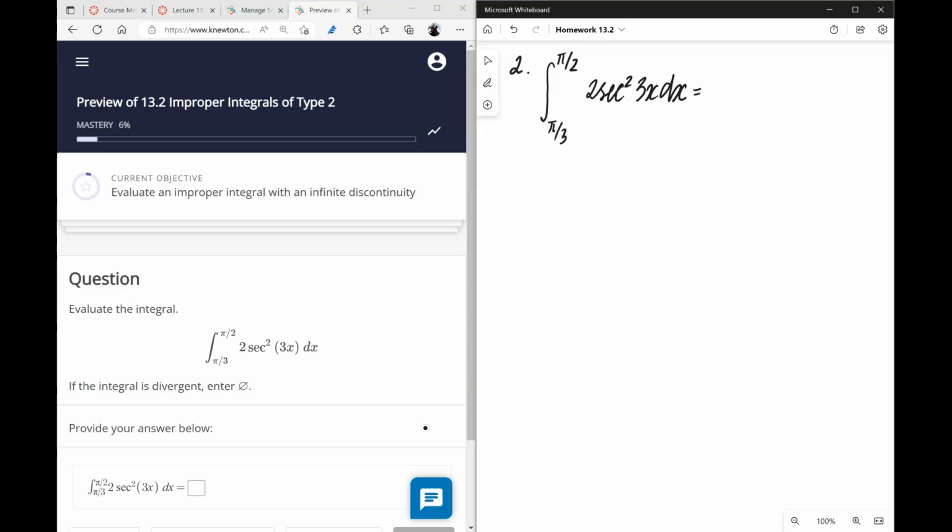Cosine of pi over 2 is 0, so secant doesn't exist. So here we have a problem with the upper limit. So we're going to replace the upper limit pi over 2 with the new variable t, and we're going to approach pi over 2 with t, but from the left.